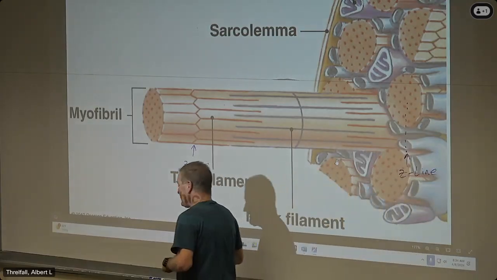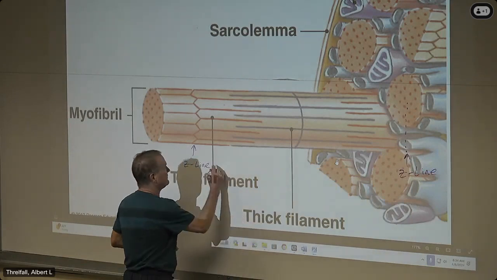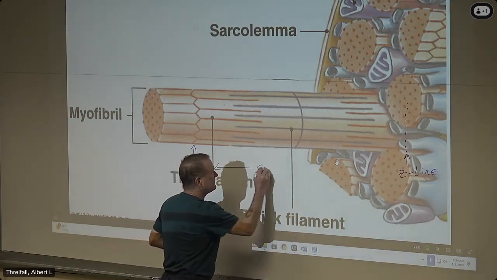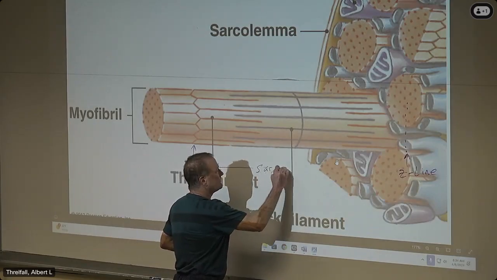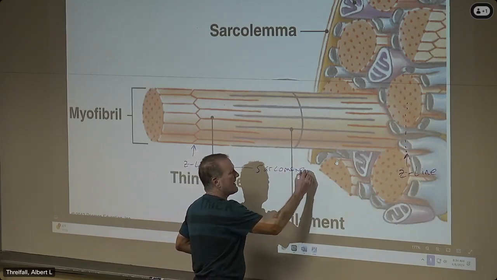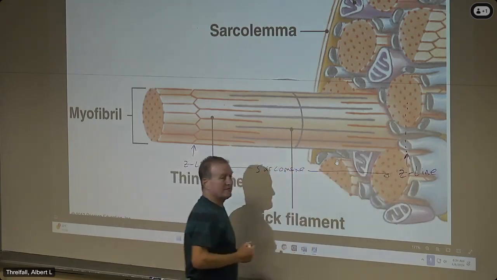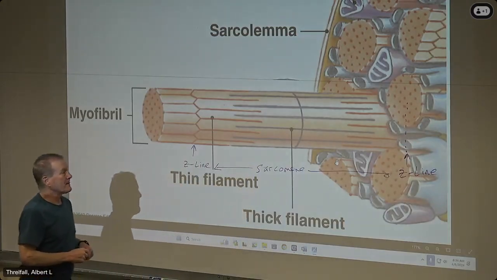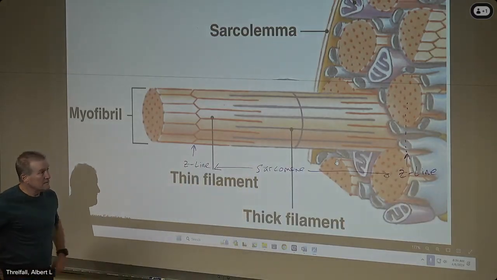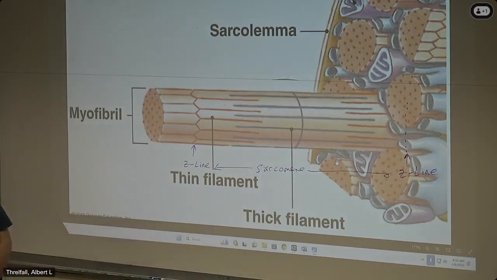But these Z lines, plural, are the boundaries of a sarcomere. So all of that sarco-terminology, sarcoplasm, sarcolemma, sarcoplasmic reticulum, comes from the term sarcomere.